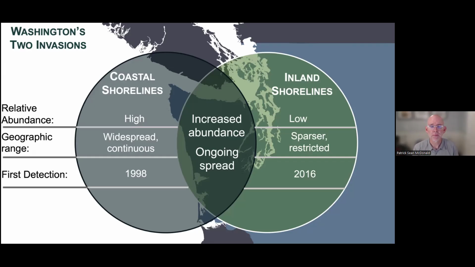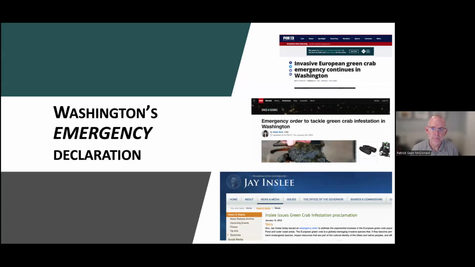So that's a lot of time for green crab to become established and produce impacts. We're doing a much better job in the inland waters. We have, of course, had the emergency declaration, which has been incredibly helpful, and that's done a lot to get the state and tribes and other entities engaged in successful management.